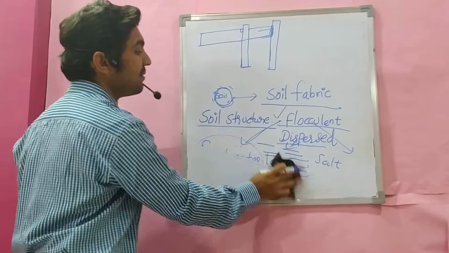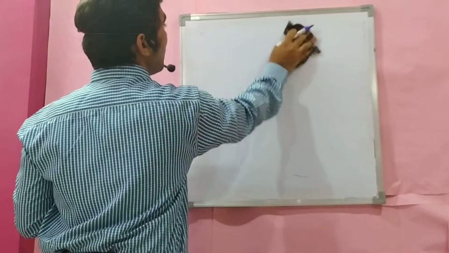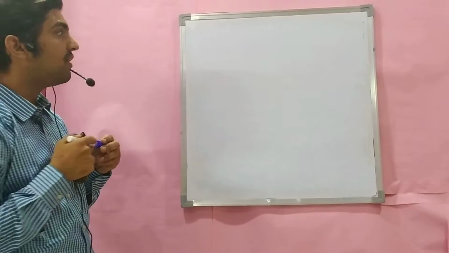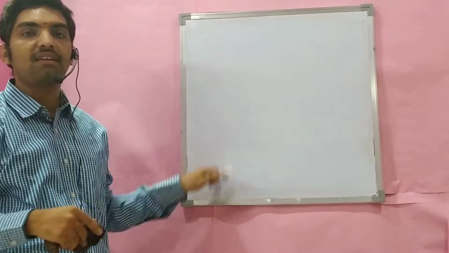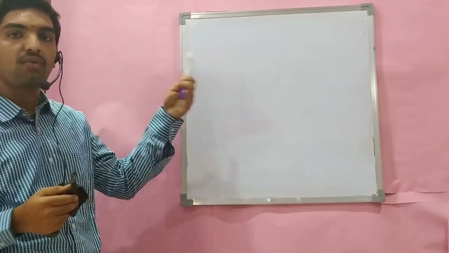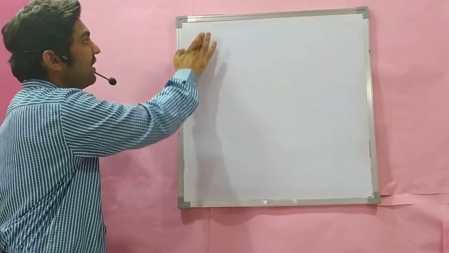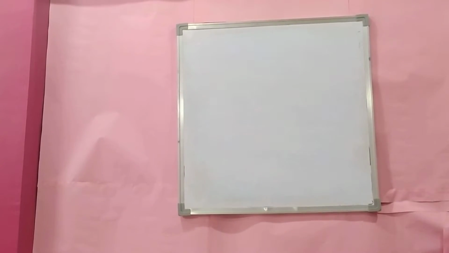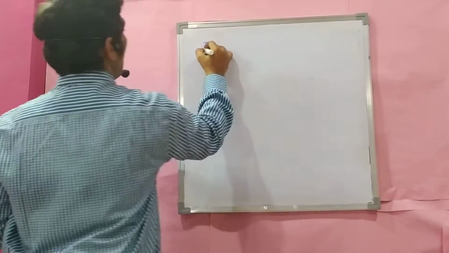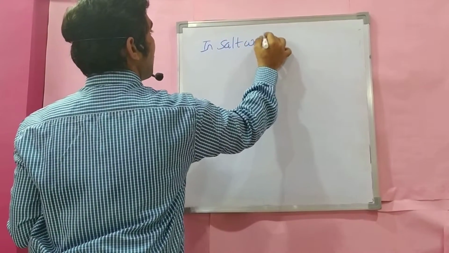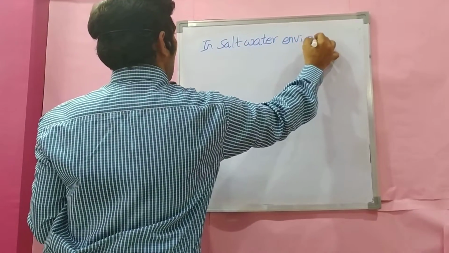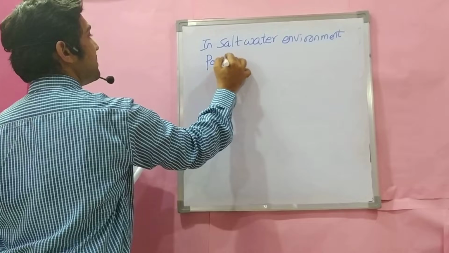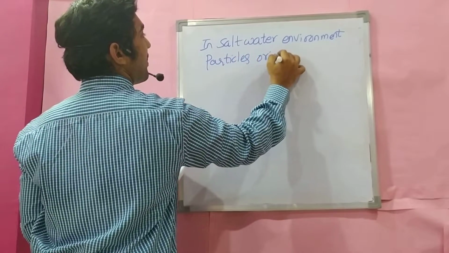Once in the SSC JEE examination, they asked the question: in freshwater lake how they vary, in saltwater lake how they vary. I will give small key points, notes type, for that. Freshwater, how it will vary, I will provide the key notes. In saltwater environment, particles orient parallel to each other.